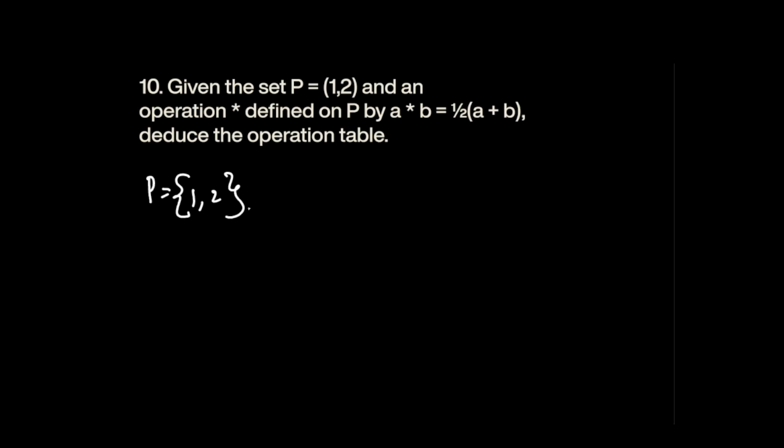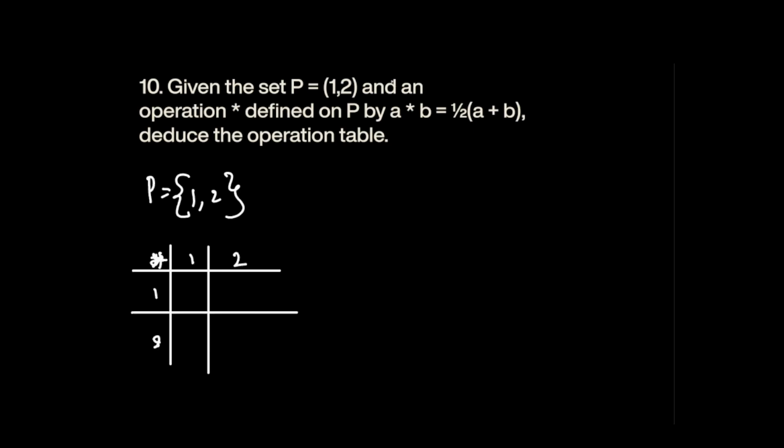So how do you deduce the operation table here? Since P is a set of 1 and 2, all you just need to do is to what? Draw your table for the set of P. So the operation that is defined on it is asterisk. So here will be 1, here will be 2, here will be 1, here will be 2.